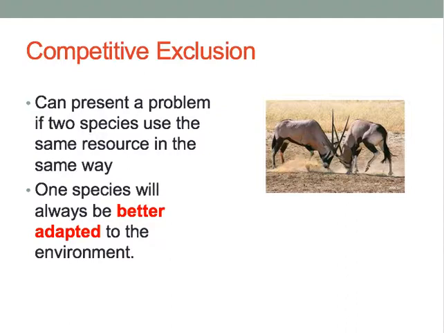This happens a lot when species use the same resources in the same way. Remember, we can only hold one niche in an environment. So competition is a way to counteract other organisms taking that niche. One species will always be better adapted to that environment. And so this is competitive exclusion.